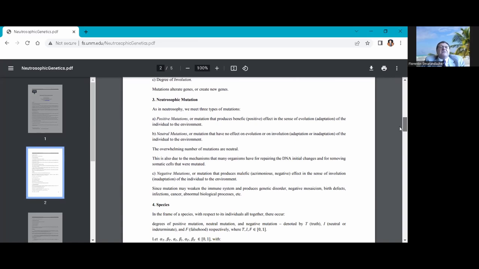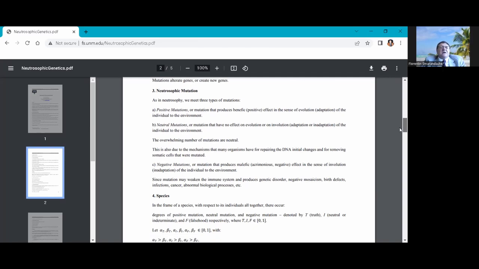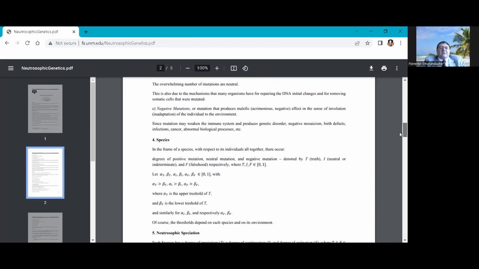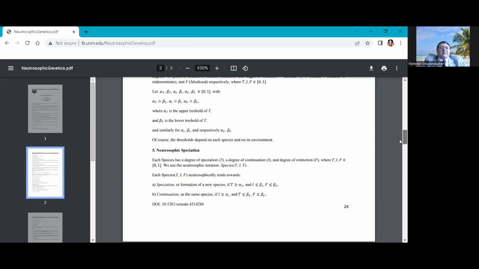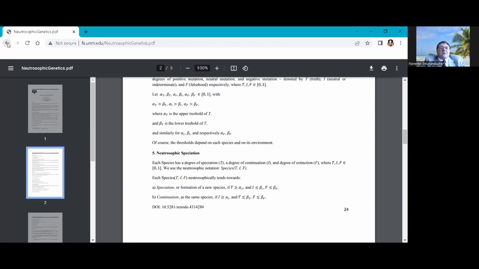So we have, in the same way for mutations, we have positive mutations that produce a benefic effect in a sense of evolution, neutral mutations that produce no effect with respect to evolution or involution, and then the negative effect also.